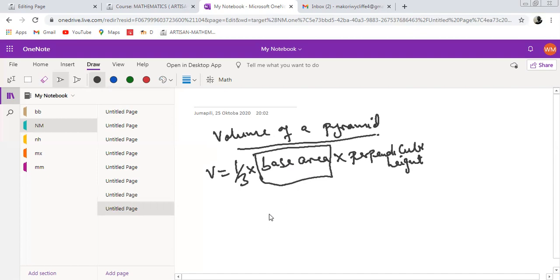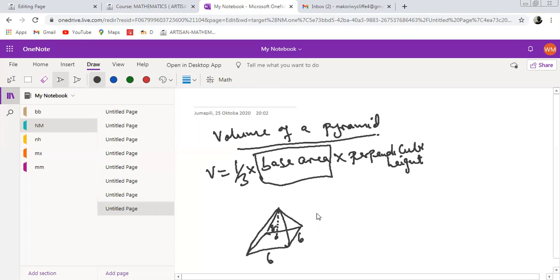So if, for example, we have our pyramid like this, and we have been given this length as 6 by 6, meaning it's a square, and then you have been given the height. The perpendicular height is the height from the vertex to the center of the base. Now you are told, can you calculate the volume, given that this height is 8 centimeters?